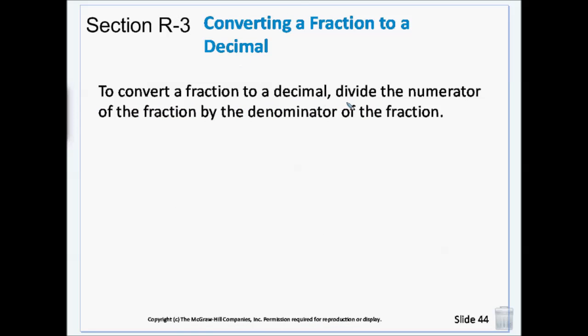Okay. So to convert a fraction to a decimal, we're going to divide the numerator of the fraction by the denominator. So the fraction bar indicates division. That's the same thing as saying 3 divided by 5. As we move forward into further algebra, we stop using the division symbol altogether. Instead, we use the fraction bar to indicate division.